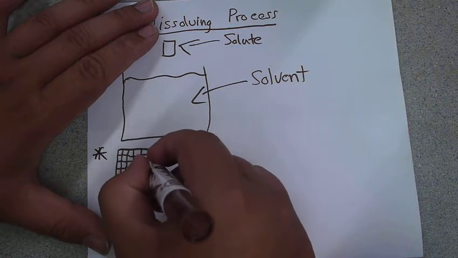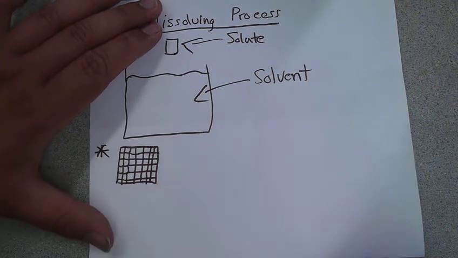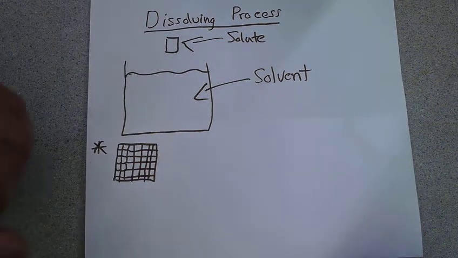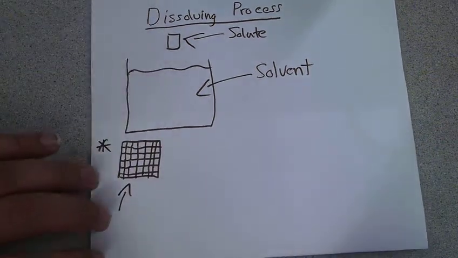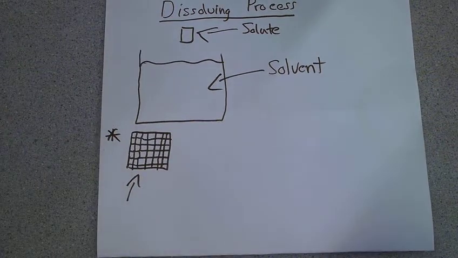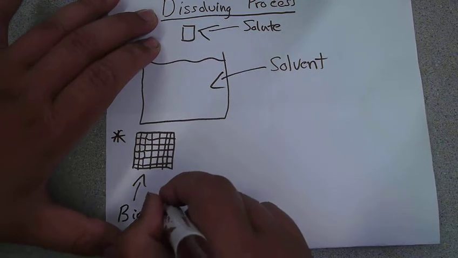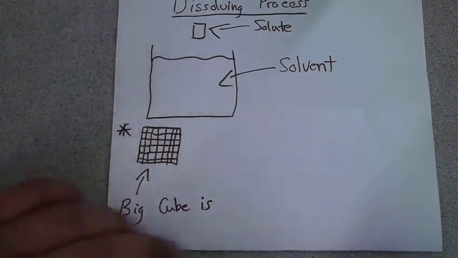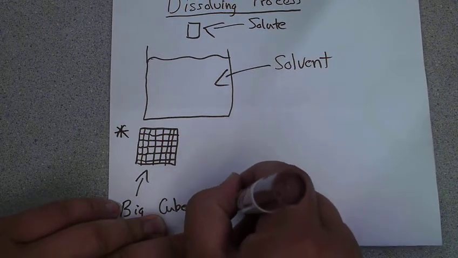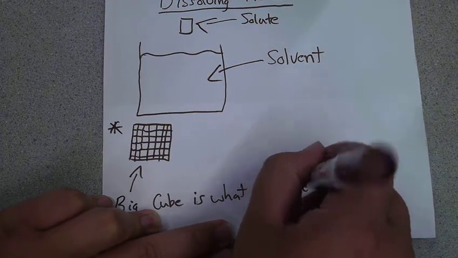Each small cube inside here, we can think of as being an atom of, let's say, salt. Actually, let's not use salt. Let's just use the generic thing. The big cube is what we are trying to dissolve.